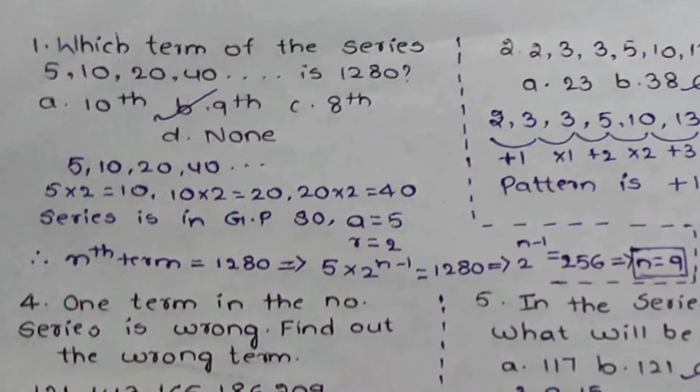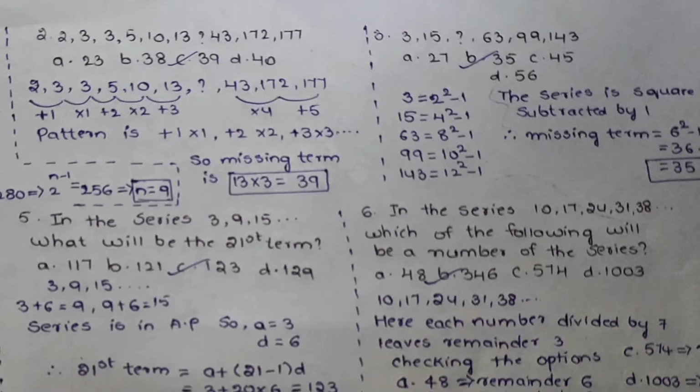Now the second question is 2, 3, 3, 5, 10, 13, question mark, 43, 172, 177. So here we have to find out what term comes in the question mark place. So now let's see the options. The options are 23, 38, 39, 40.